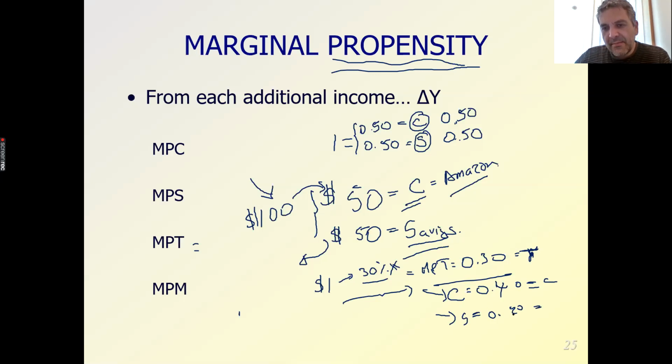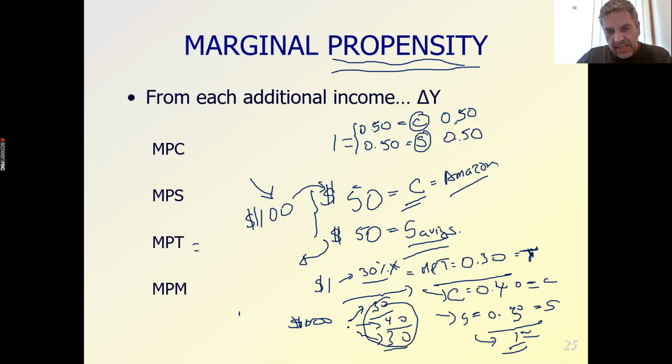It will be 30 cents, wouldn't it? Yes, 30 cents for savings. So here we are adding up again to the unit. In other words, from the $100 that you received, $30 are going for taxes, if that was the case. $40 are going to go for consumption, and $30 are going to go for savings for consuming in the future.